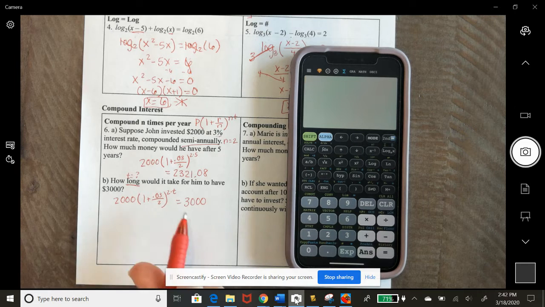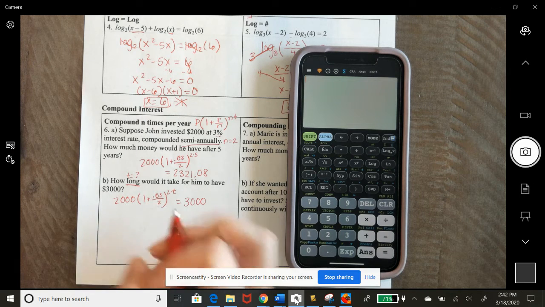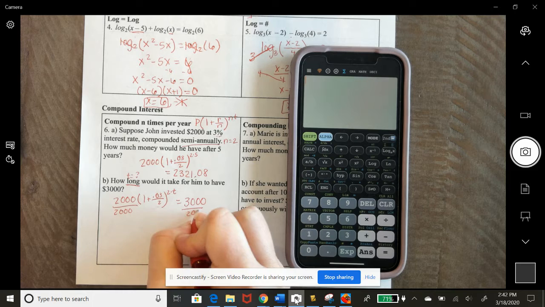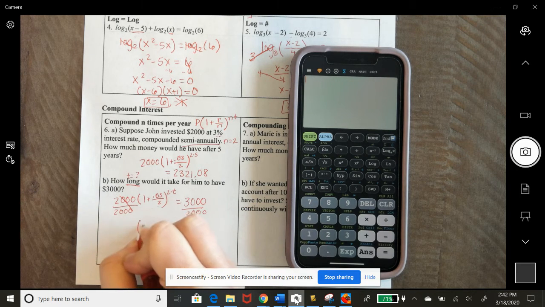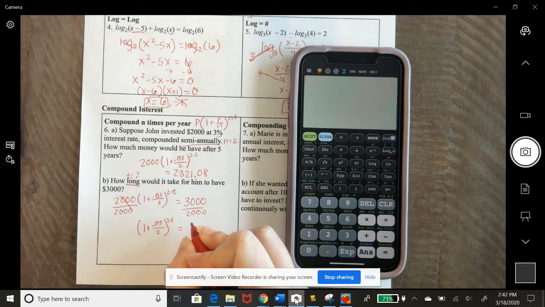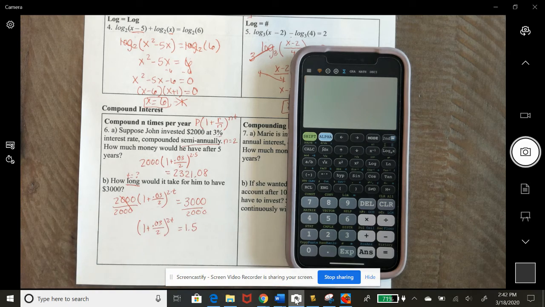Okay, so now we're solving an exponential equation like we did on number 2. So we need to get this base by itself. So divide by 2,000. Okay, so 1 plus 0.03 divided by 2 raised to the 2t, and then 3,000 divided by 2,000 is going to be 1.5.